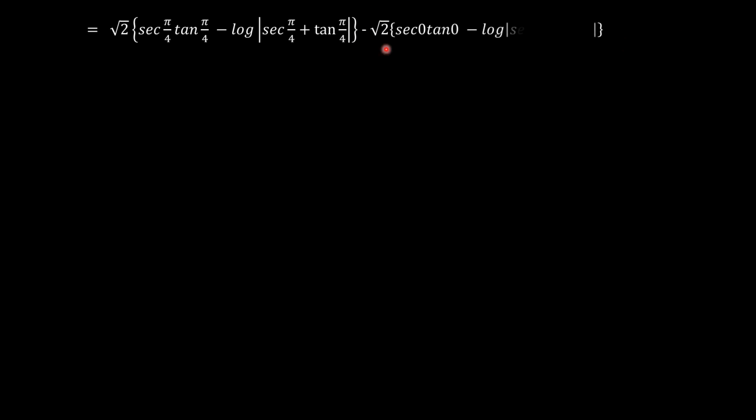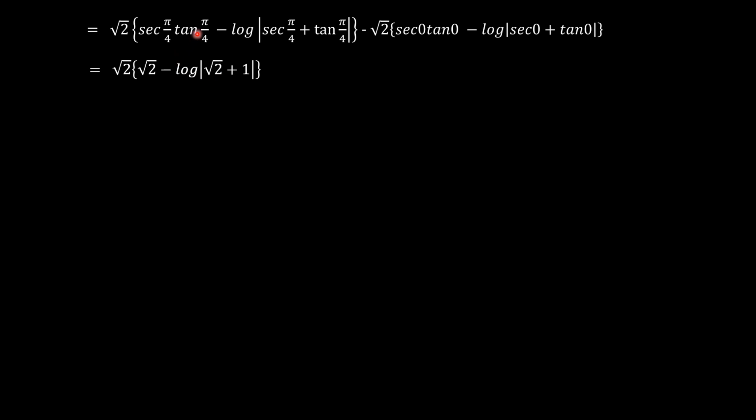So as we said, the focus would be on the upper limit, and we'll ignore the lower limit, because everything in the lower limit substitution tends to 0. So that becomes root 2 sec pi over 4, which is the same as 1 over cosine of pi over 4, which is 1 over root 2, which is root 2, minus log of, again we have sec pi over 4, which is root 2, tan pi over 4 is 1.